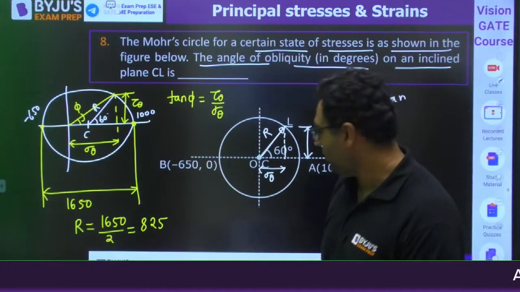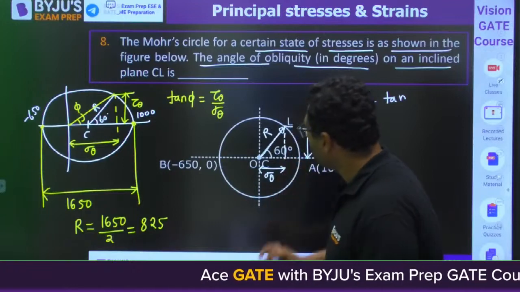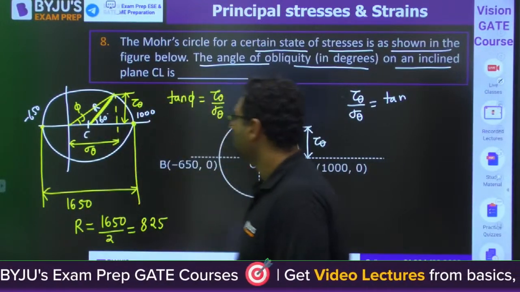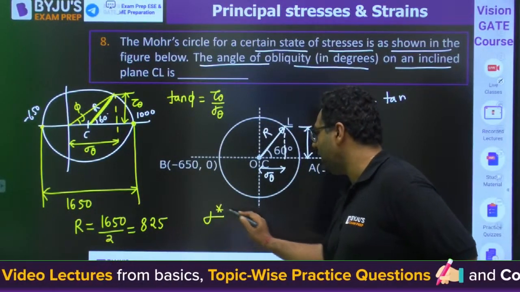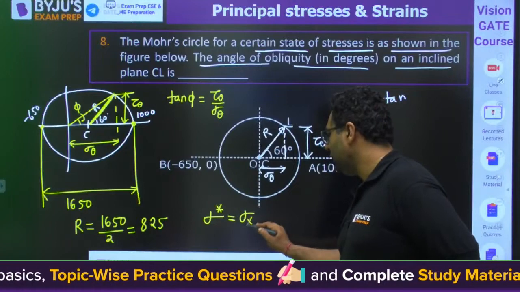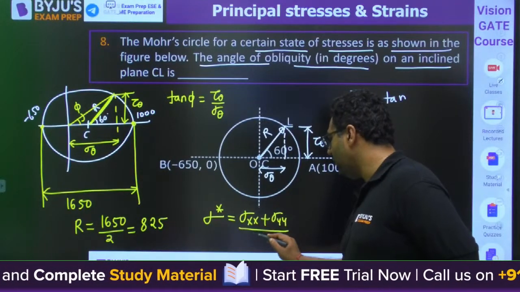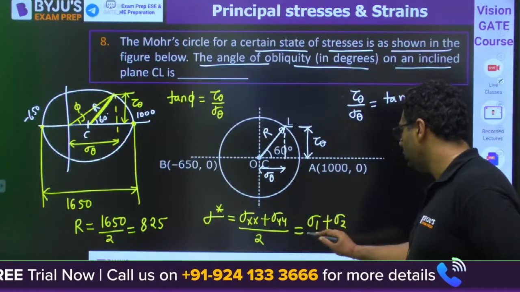Is it clear for everyone? Radius will be 825. Now what is the center coordinate? It will be sigma xx plus sigma yy by 2, or sigma 1 plus sigma 2 by 2.